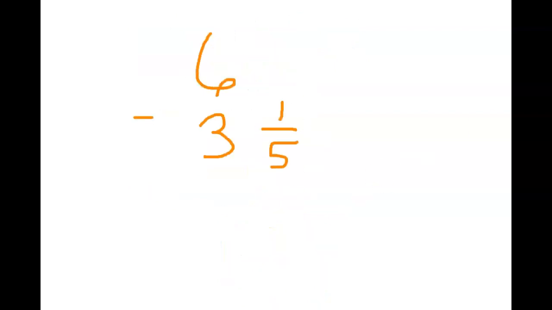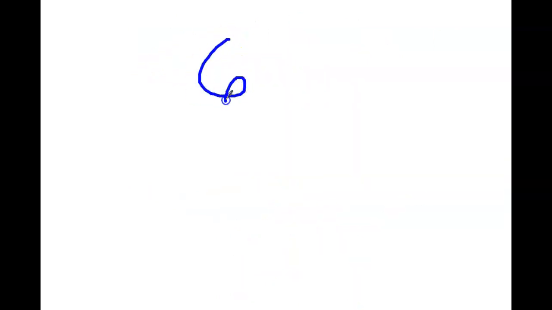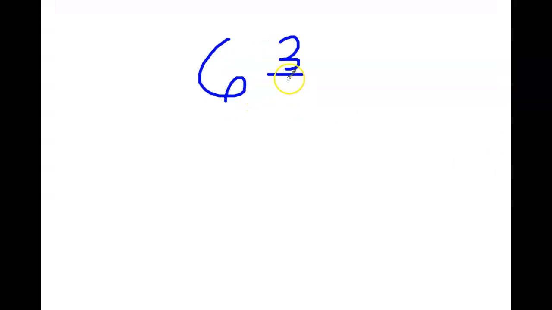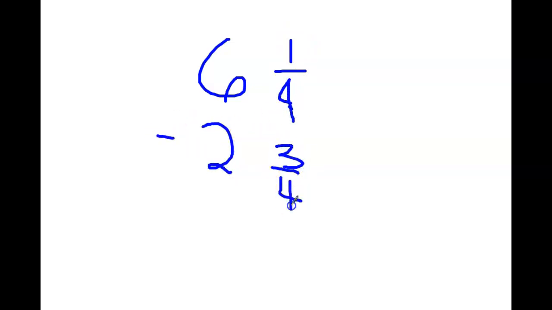All right, let's do another one like that. Let's do 6 and 1/4 minus 2 and 3/4. All right, so here we go. I know that 1/4 is smaller than 3/4.